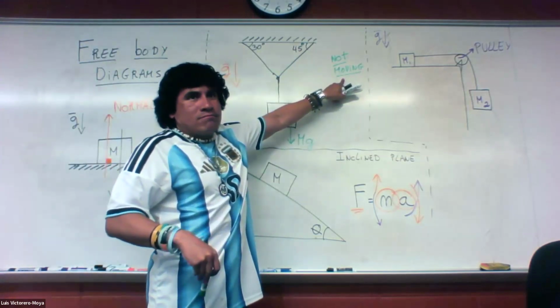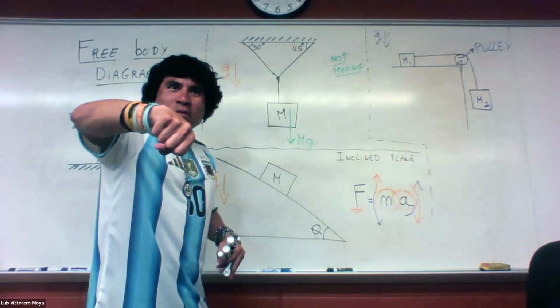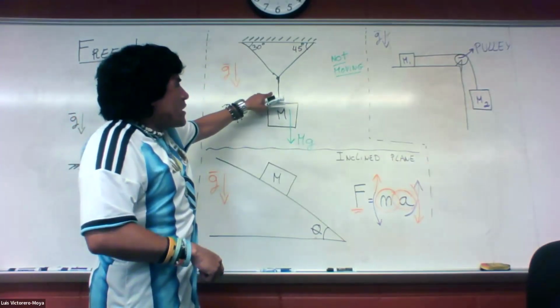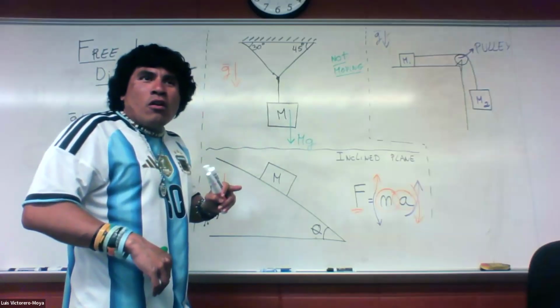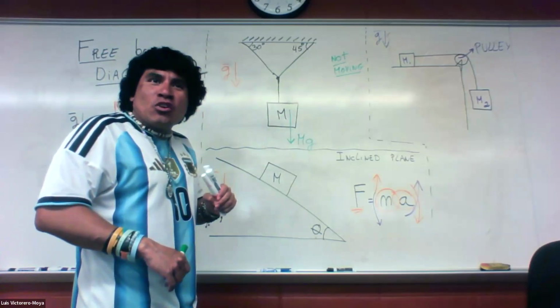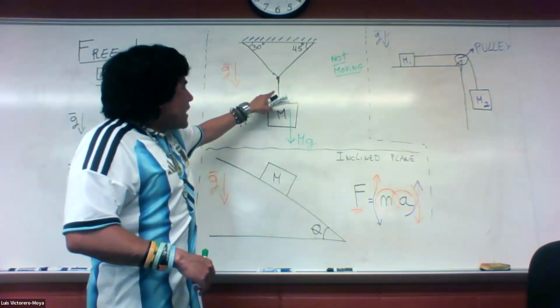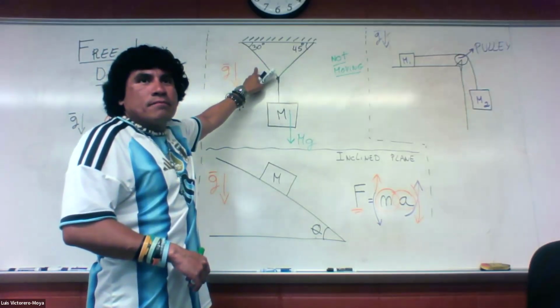Because it's not moving, just like the hanger I show you, this string or rope, there is something acting on it. That's known as the tension. There's a tension on this rope, and on this rope.